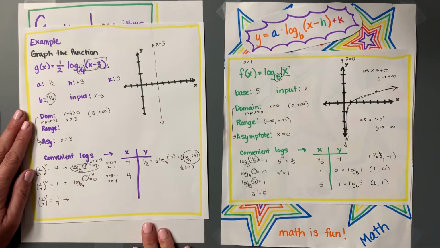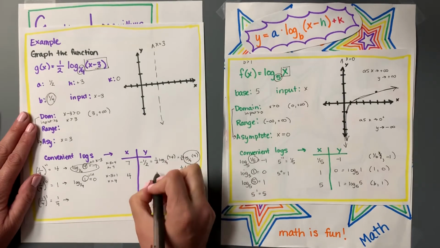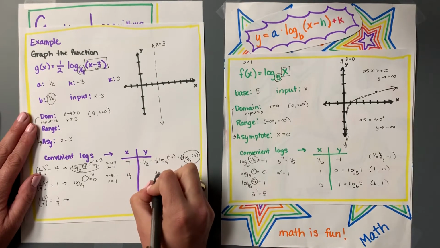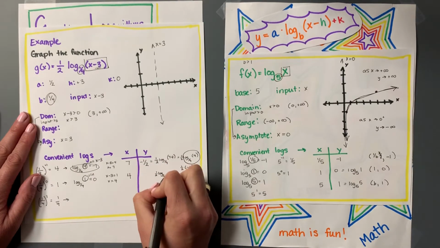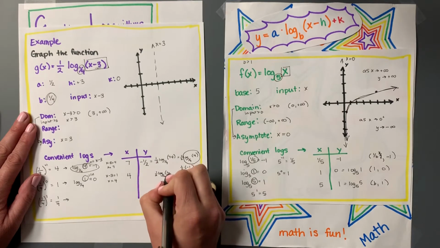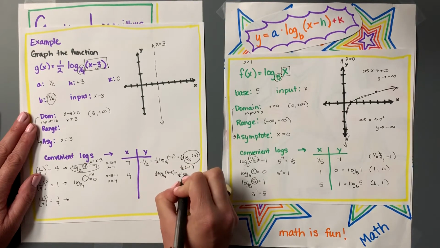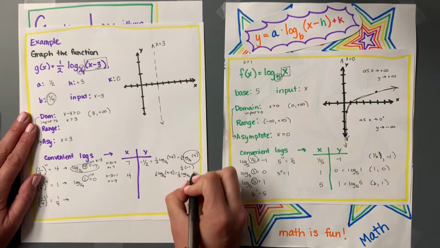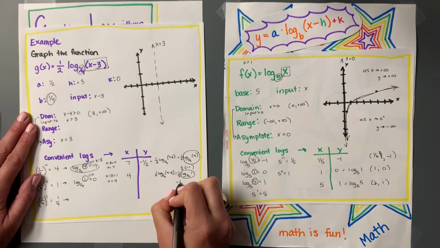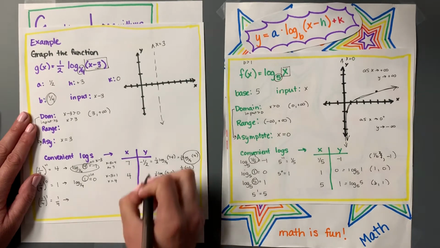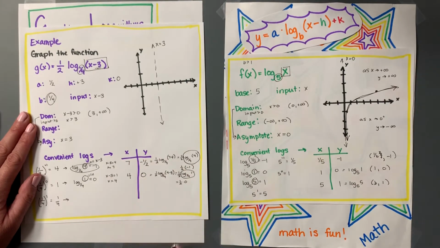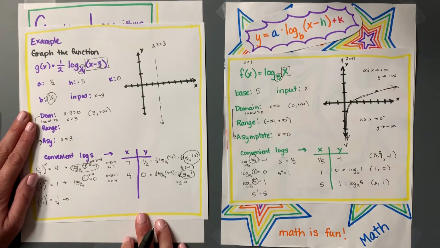So I'm going to plug 4 in for x. And if I do that, I get 1/2 log base 1/4 of 4 minus 3, which gives me 1/2 log base 1/4 of 1, which I know is 0. So this is 1/2 times 0, which is 0. So I know I have the point (4, 0).